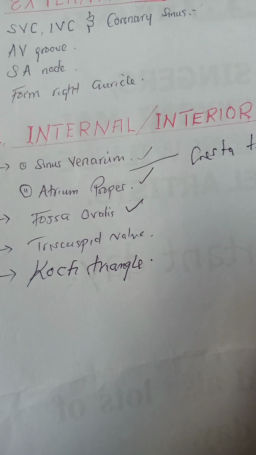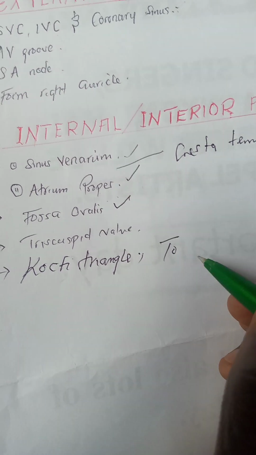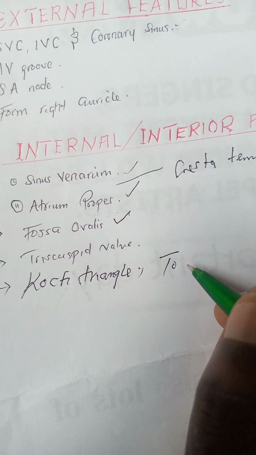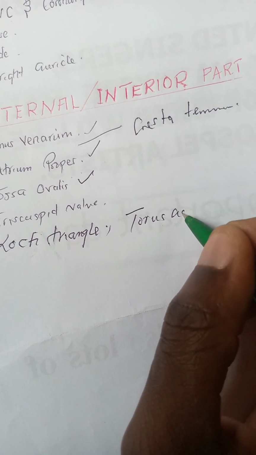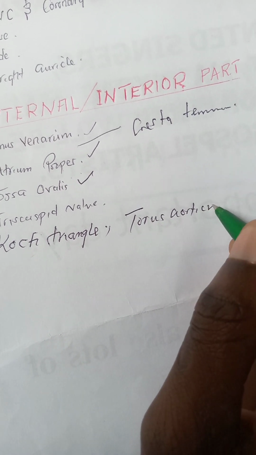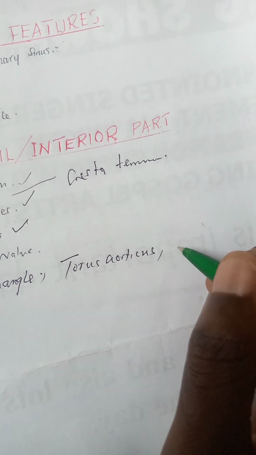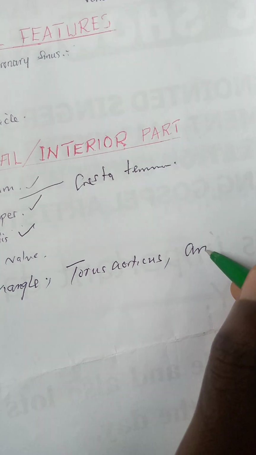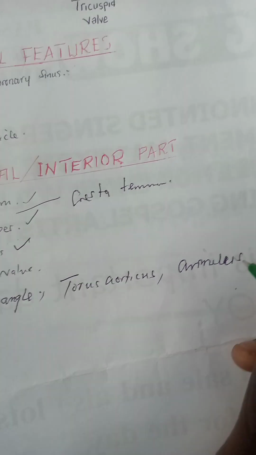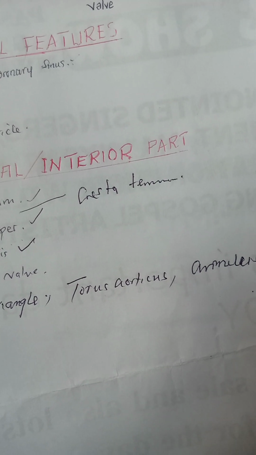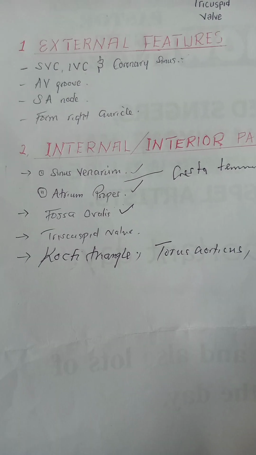You also have the torus aorticus. The spelling is like this, torus aorticus. You can also appreciate the annulus ovalis. So you have also annulus ovalis. Don't worry about this, but you can just mention them.